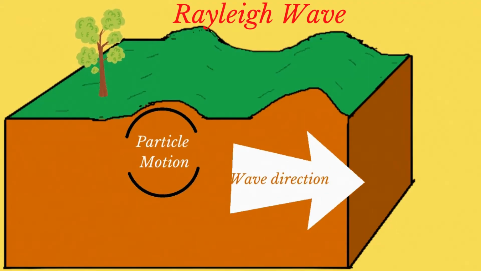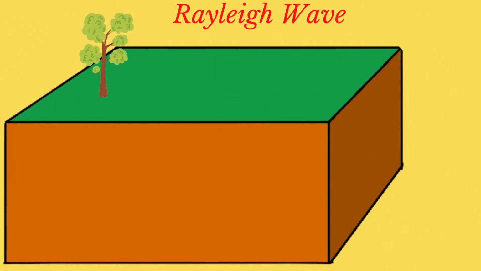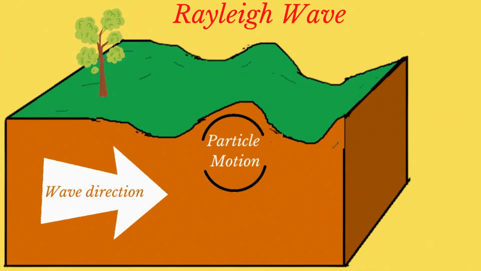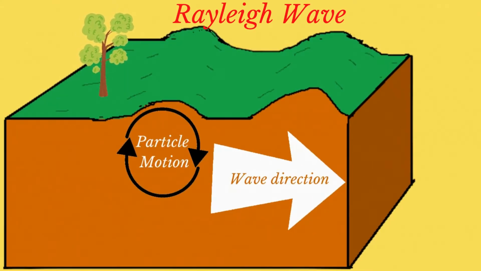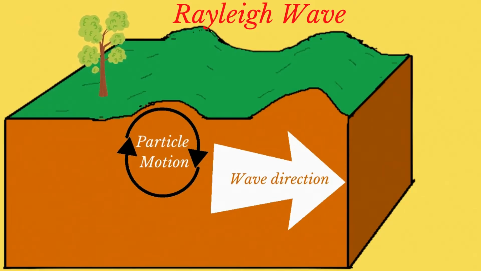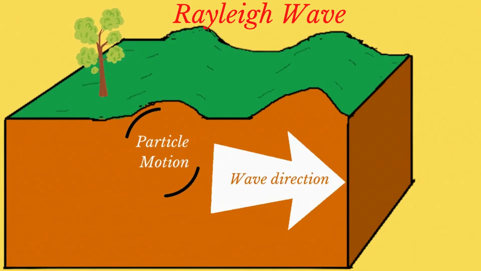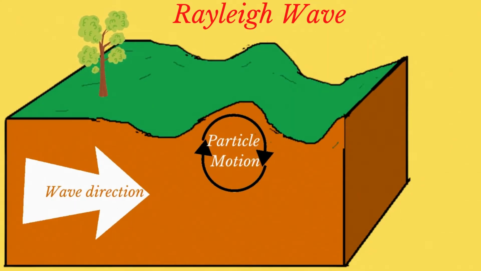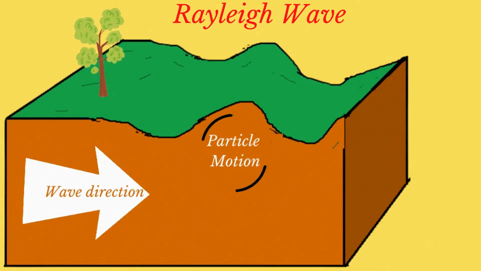The velocity of Rayleigh waves is not constant but varies with wavelength. However, they are slower than body waves and are generally slower than Love waves as well. This means that they are usually the last to arrive at seismic stations.